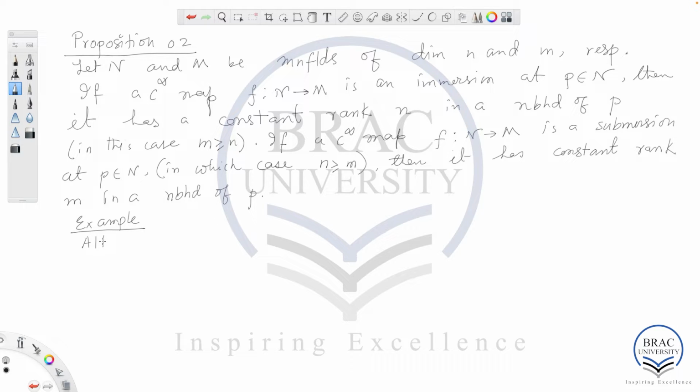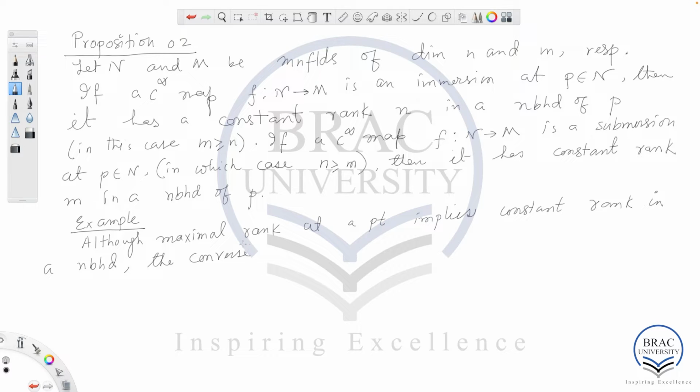Although a maximal rank at a point implies constant rank in a neighborhood, as we have seen a while ago, the converse of this statement is not true in general.